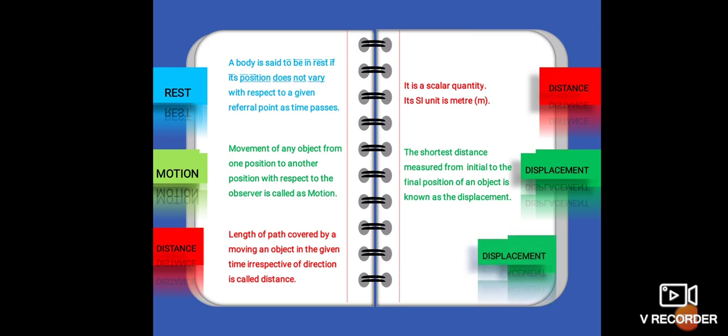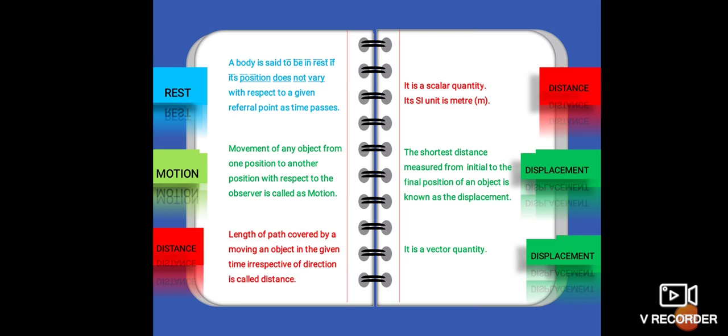What is the difference between scalar quantity and vector quantity? Those quantities having only magnitude are the scalar quantity, but those quantities having magnitude as well as direction are the vector quantity. This is the difference between scalar quantity and vector quantity.